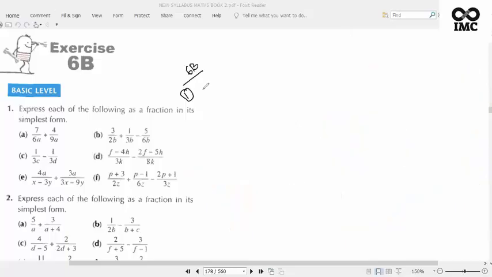Now e. E says 4a divided by x minus 3y plus 3a divided by 3x minus 9y. So if we take 3 as a common factor, then we will get x minus 3y. Okay.